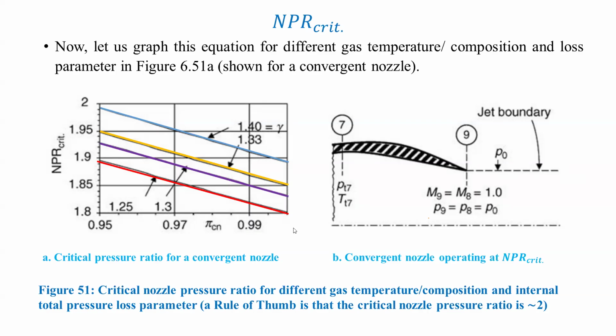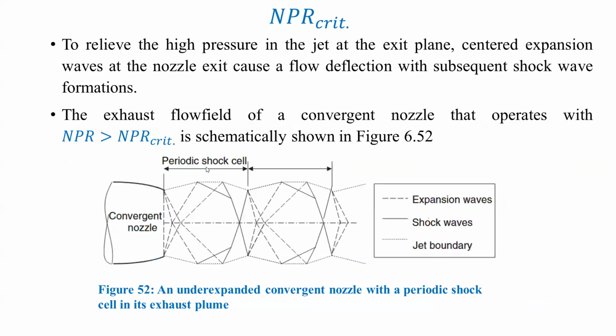So at 0.9, Mach 9 is equal to Mach 8, which is 1. Pressure at 9 is equal to pressure at 8, which is equal to P naught, the ambient pressure. That is considered here. So we can find different values for different compositions.